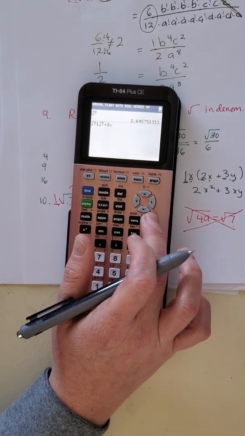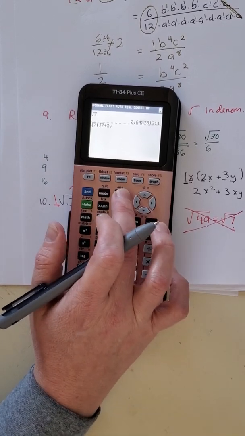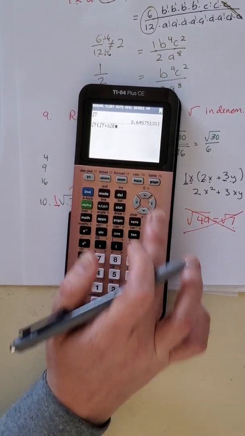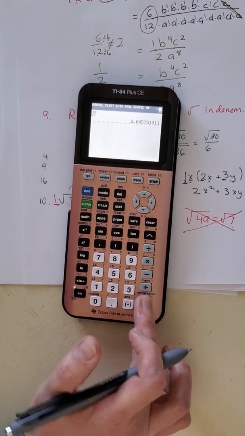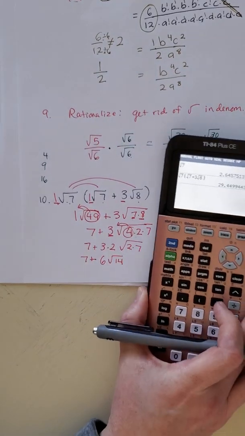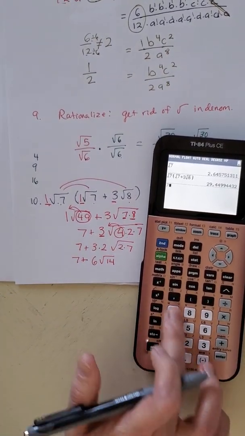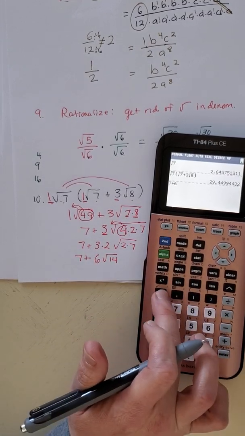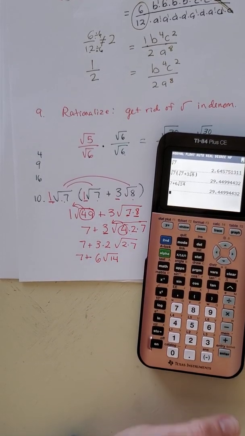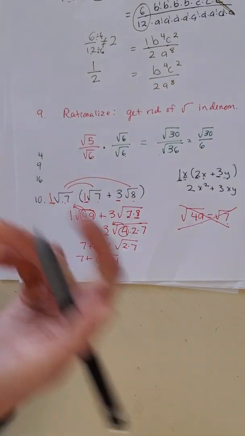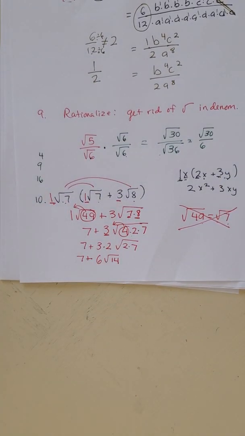Whoops, delete that guy. And this is 29.449. If I check 7 plus 6 square root 14, I get the same answer. So you can always check radicals. You do need to know how the calculator works though.